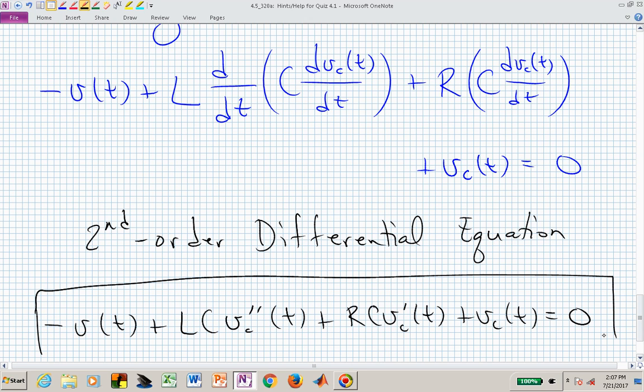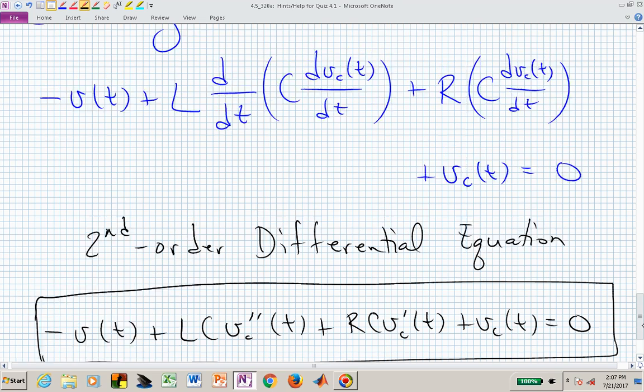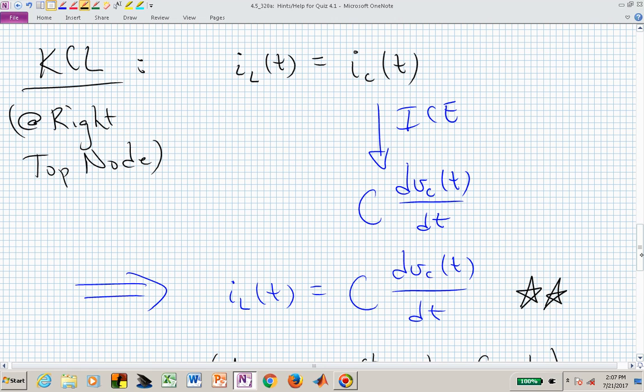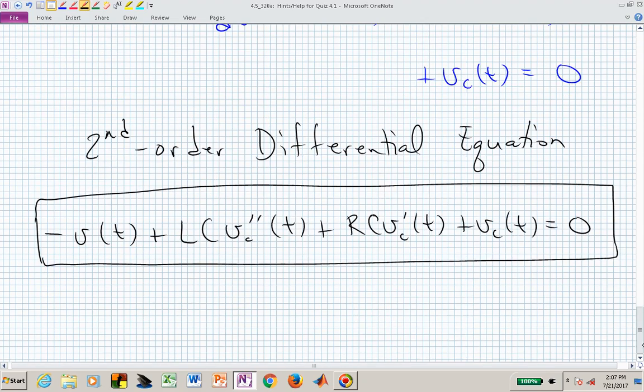And there is our single second order differential equation, and that also is a true dynamic relationship or a true governing differential equation associated with that series RLC circuit. So we could either say that we have this way of connecting or describing the dynamics, or we have the combination of double star and star, and those two coupled first order differential equations are equivalent to this second order single differential equation.